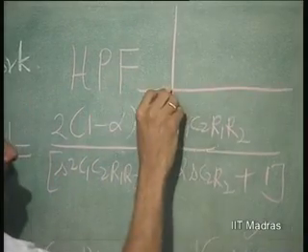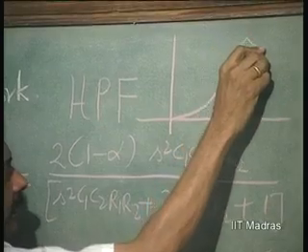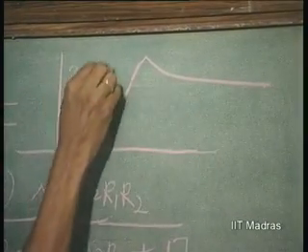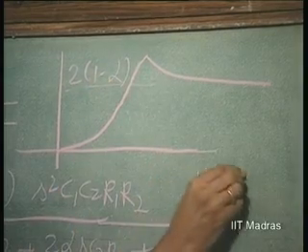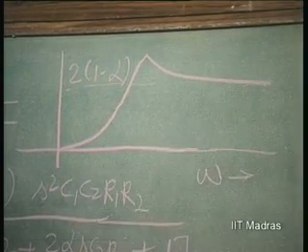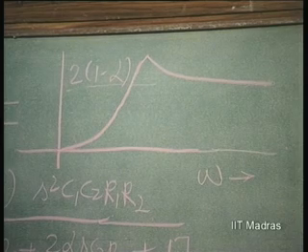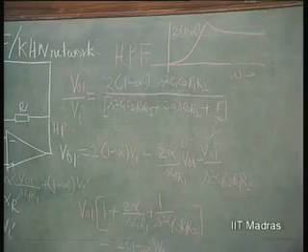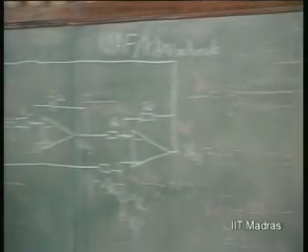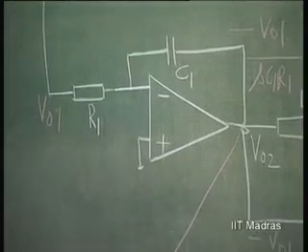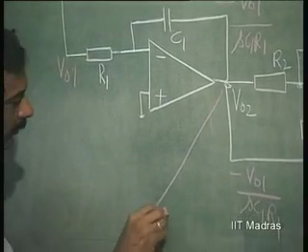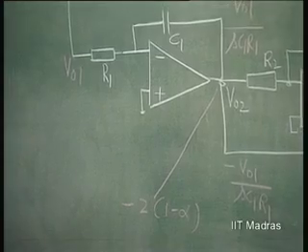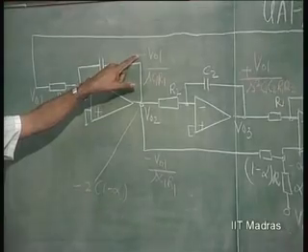The output is going to be like this, going to 2 into 1 minus alpha at omega equal to infinity. This is therefore high pass output. If you integrate this, the output here is going to be the same 2 into 1 minus alpha with a negative sign, because you are going to divide by S C1 R1 and there is a sign change.